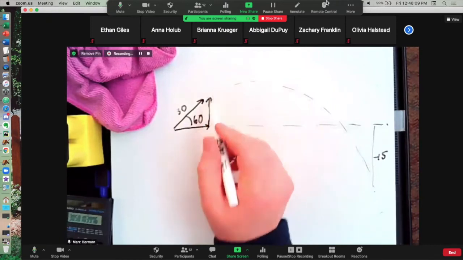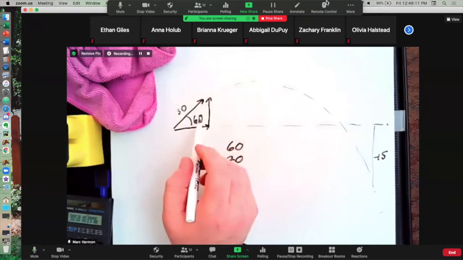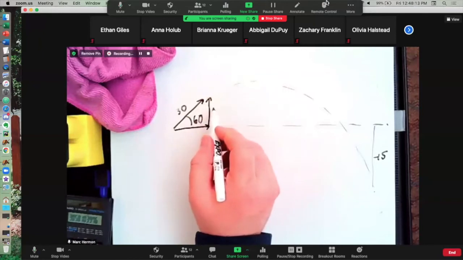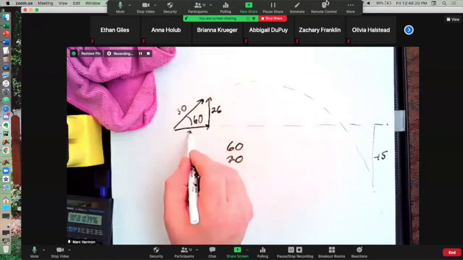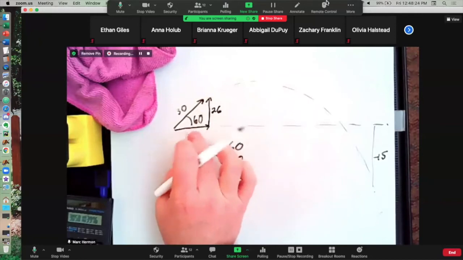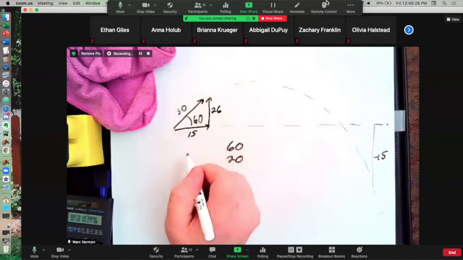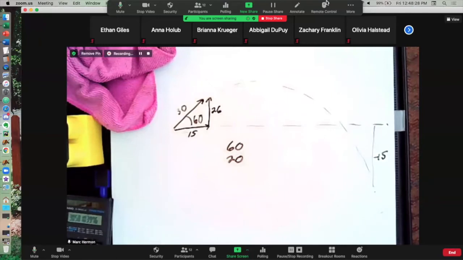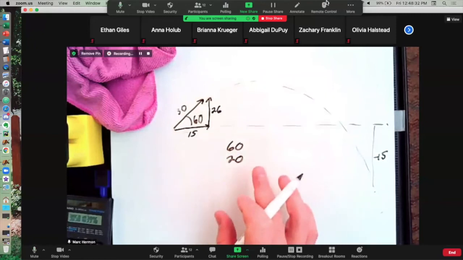I'm going to do it again. 26, right? And this one was then 15, I mean, it can't be 30. 15, right? Okay, so we want to find the height. How do we find the height?